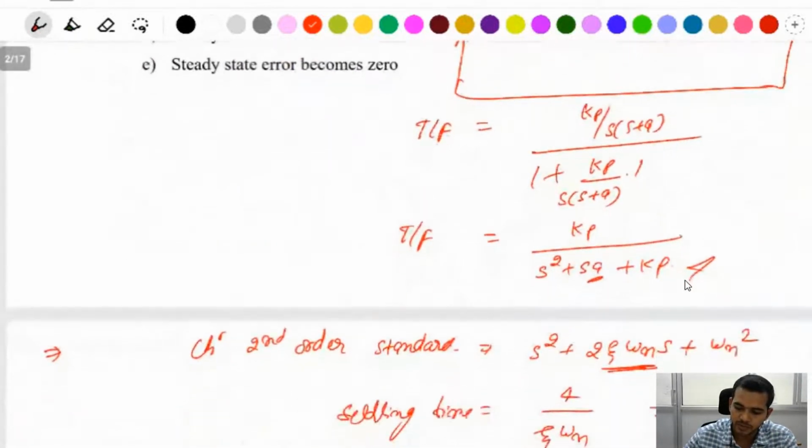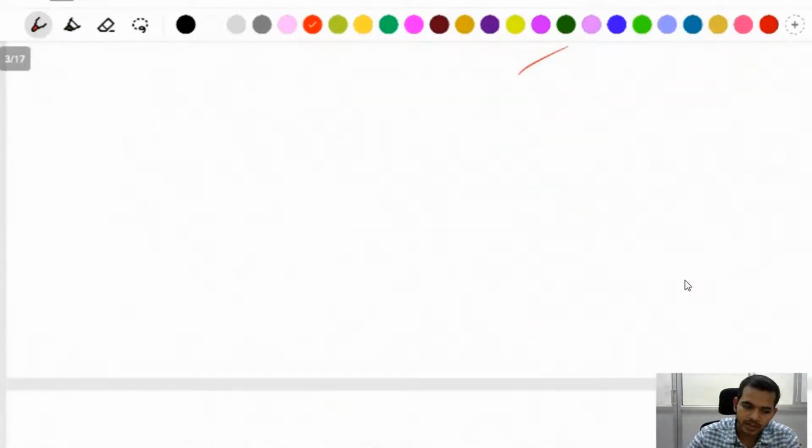If you know steady state error, in any system, take G(s) as some plant.